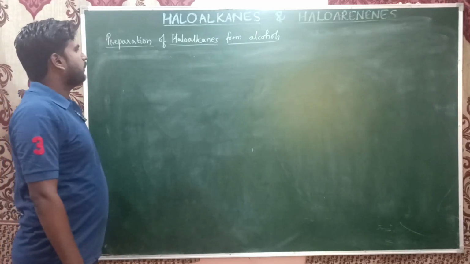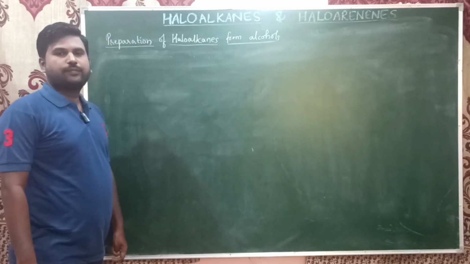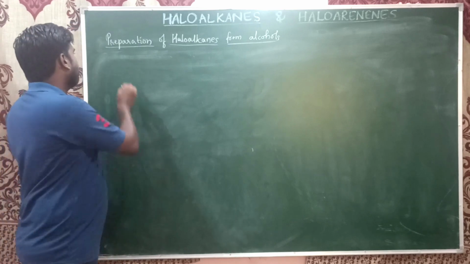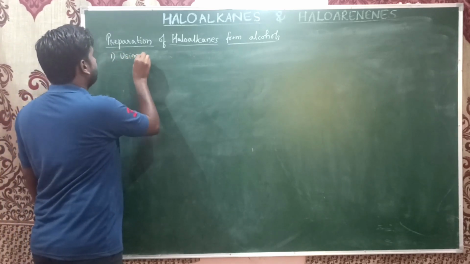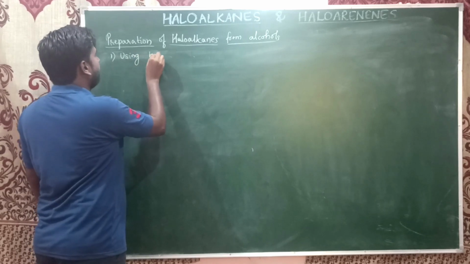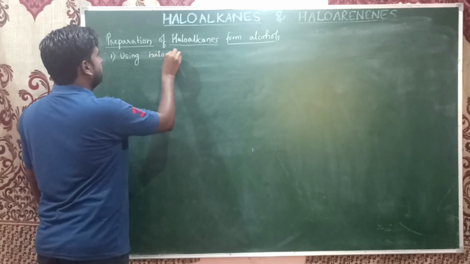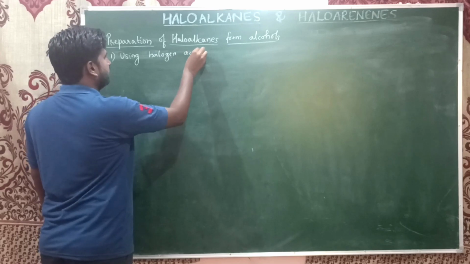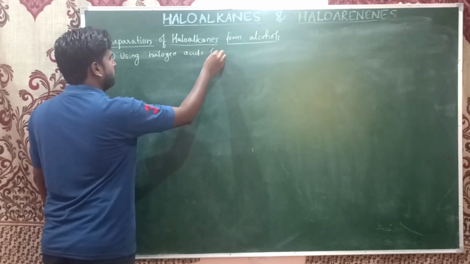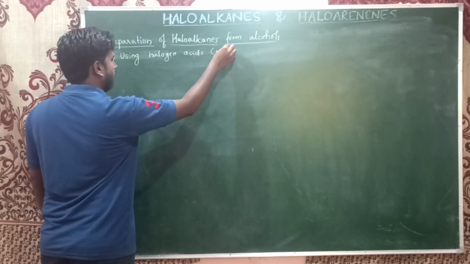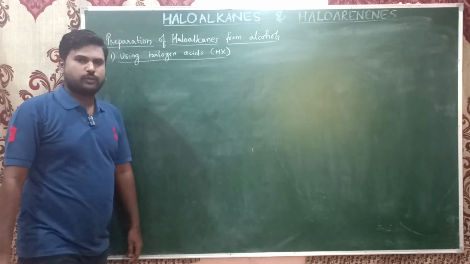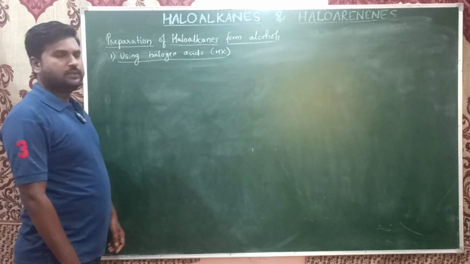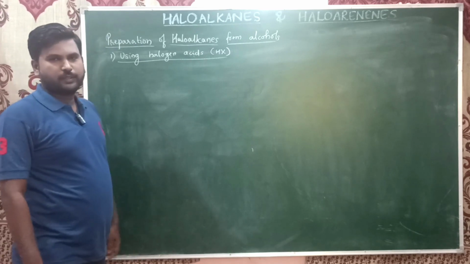The first one is preparation of haloalkanes from alcohols. In that, the first method is using halogen acids, HX, where H is for acid and X for halogen. Usually we use HCl, and HBr also can be used.